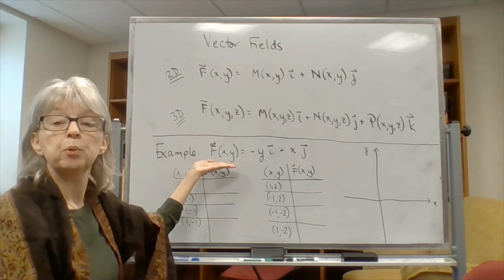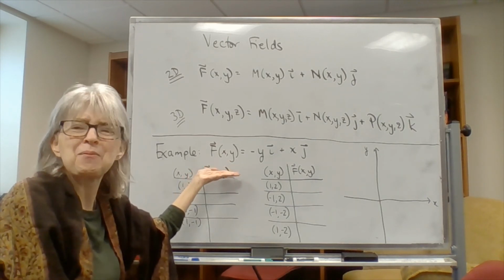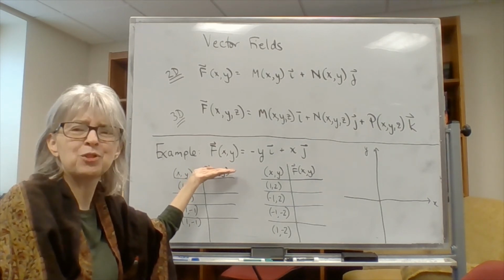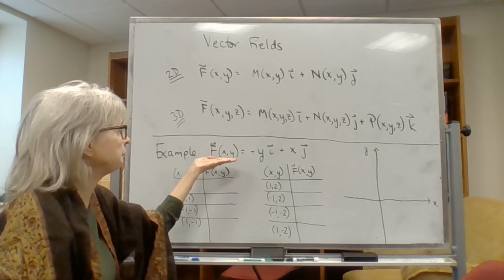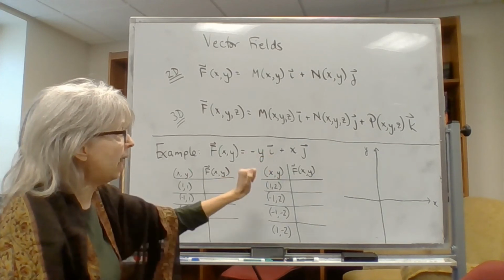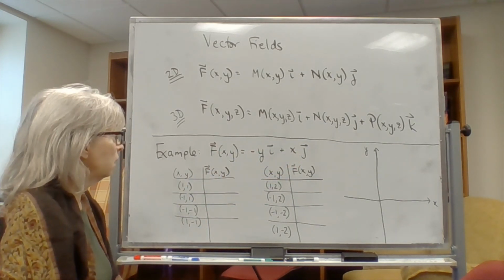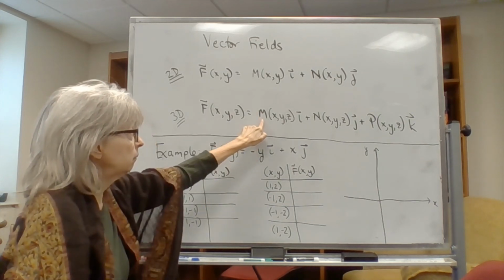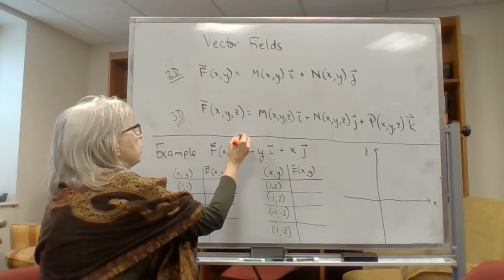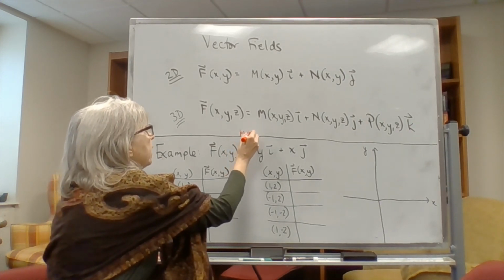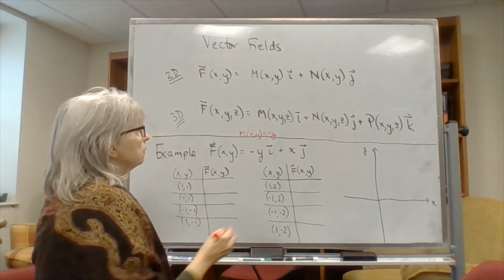So here's an example of a vector field, a simple one. I think everyone does this same 2D vector field as a starting example. Minus yi plus xj. Well, minus y is my M. So here, M(x,y) is just minus y.